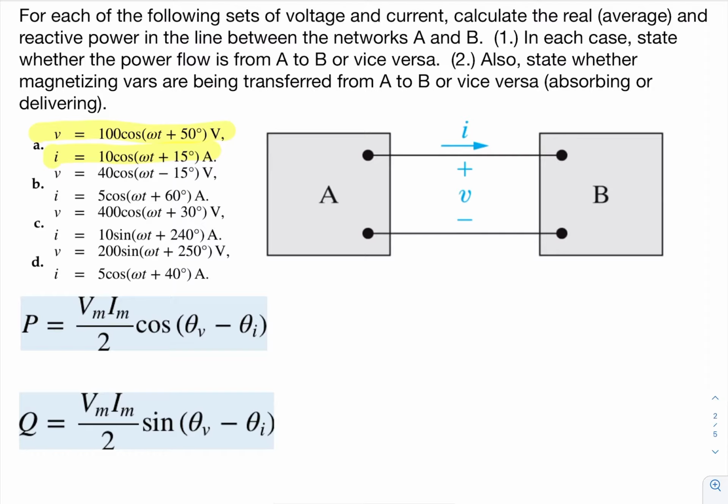our equations, which are shown here. This is real or average power, and this is reactive power. In both, we need to know the maximum amplitude of the voltage, which in A is 100 volts, and I sub M is 10 amps.